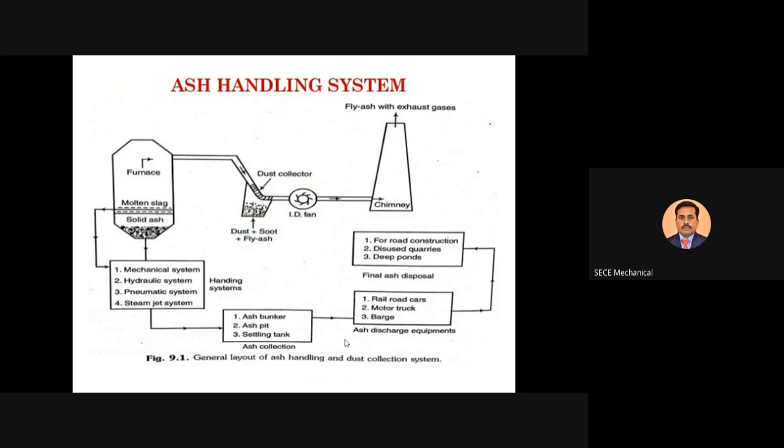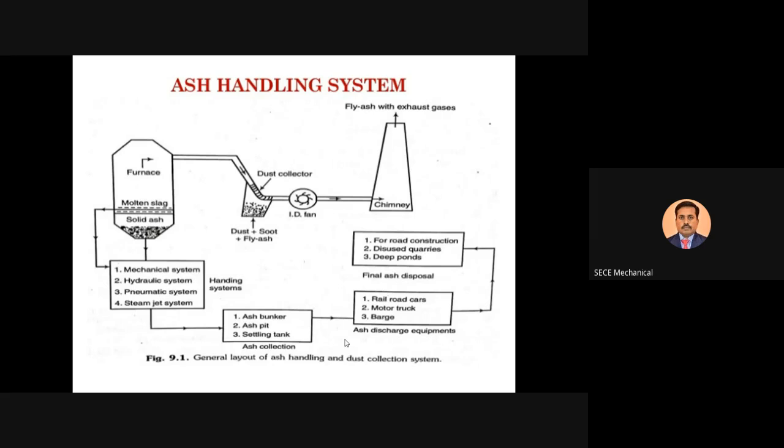Next, in this slide, you can see an ash handling system. The general ash handling system is shown in the form of a layout. Normally in the lower portion of the furnace, you have solid ash. In the upper portion of your furnace, you get some hot gases.